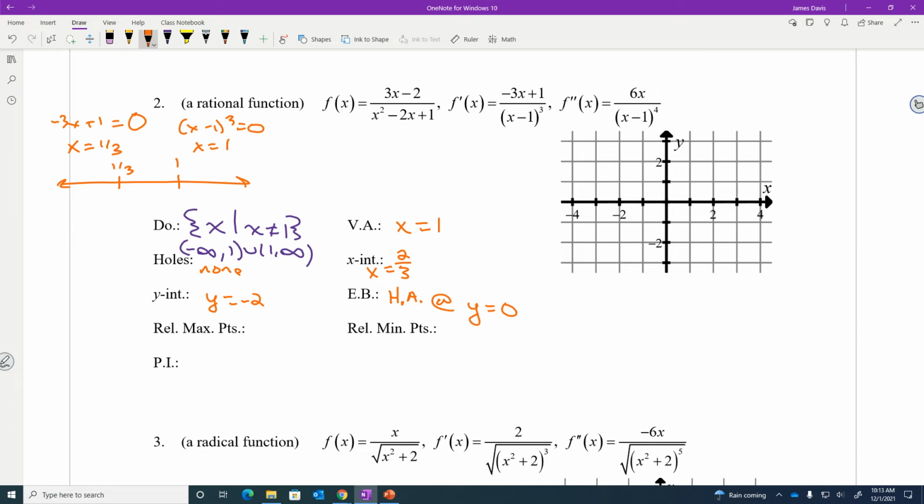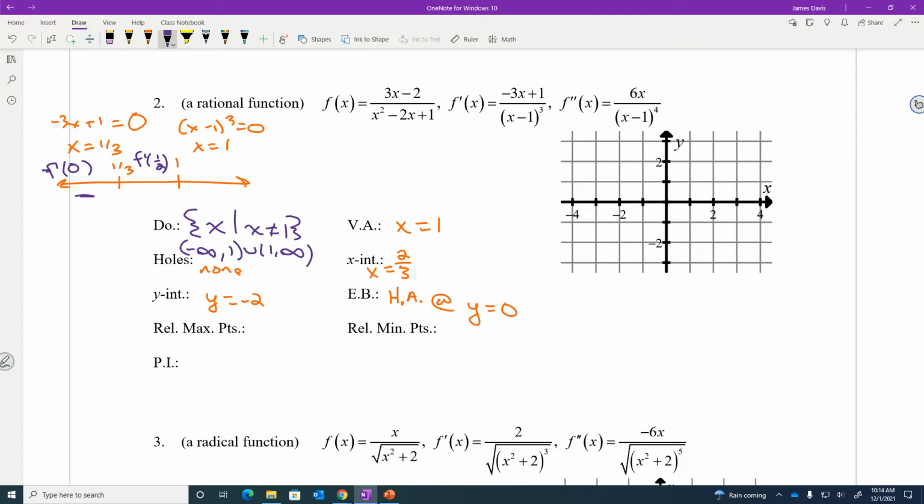Plug in some numbers. F prime of, just say 0. Easy for the first one. So 0 would give us 1 over negative 1, right? This would be negative. And then we could do f prime of a half in the middle. This would be a little bit more challenging.